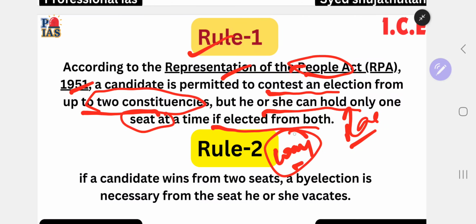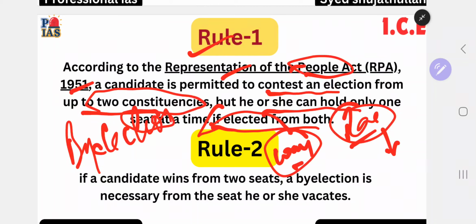Suppose he happens to win both, then he has to vacate one. For that purpose, he has to write to the Election Commission of India. Then that particular seat will be vacant, and on the vacated seat, by-elections will be held. That is what the process is all about.